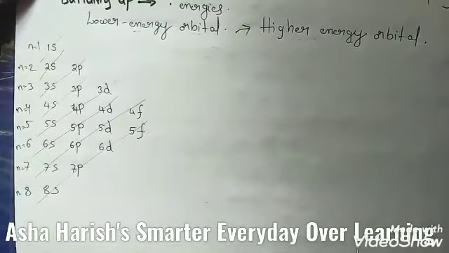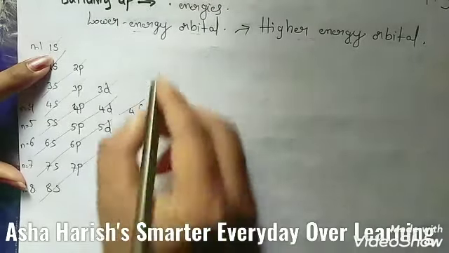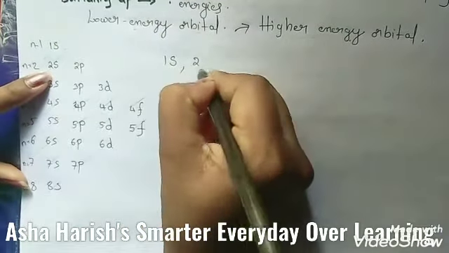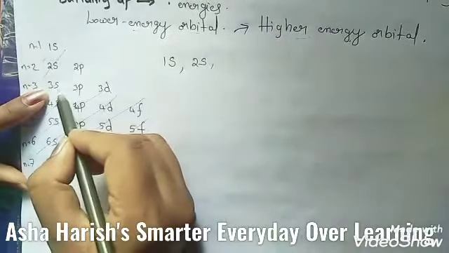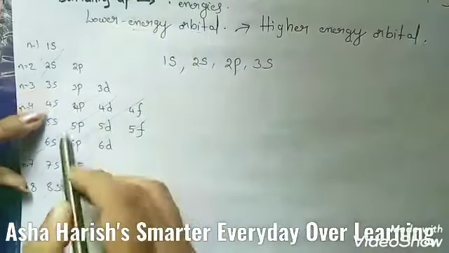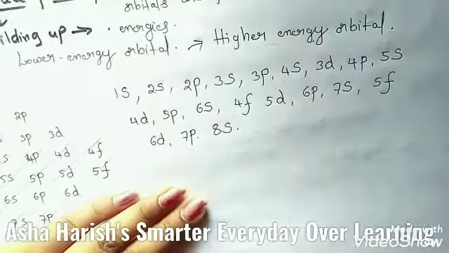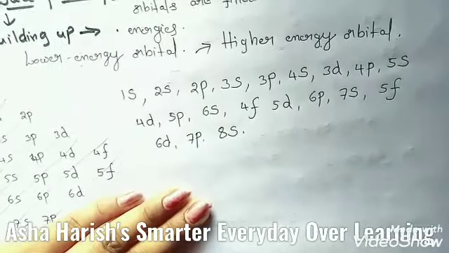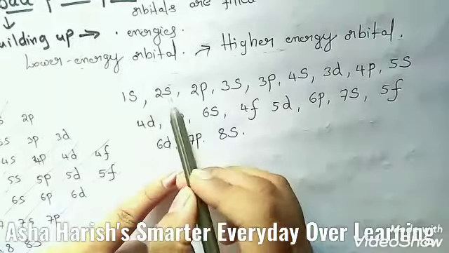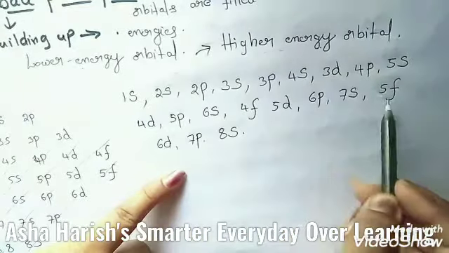That means the first one is the 1s orbital, and the second one, see students, 2s, 2p and 3s. This is the increasing order we should draw based upon the Moeller chart. See students, s orbital, p, d and f.